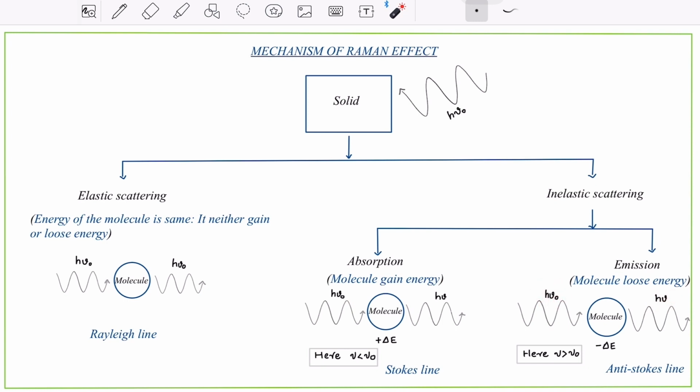Suppose the molecule is in some excited state, then it will emit or lose some of its energy to the incident photon, so that the scattered photon has an energy which is greater than the incident photon. Therefore, nu is greater than nu 0 here. Now you will get anti-Stokes line here.